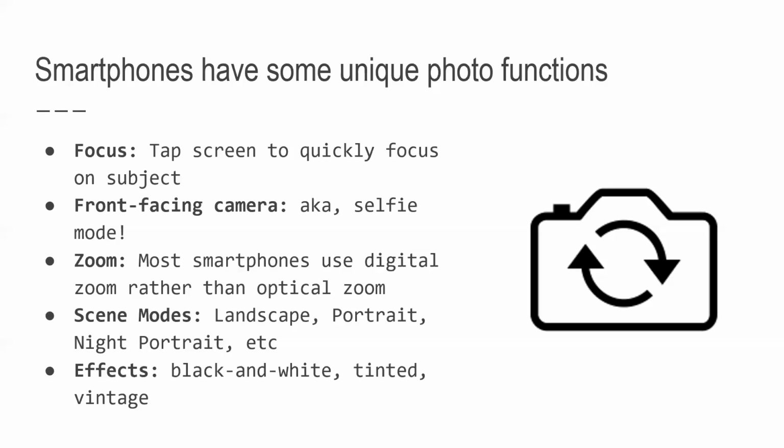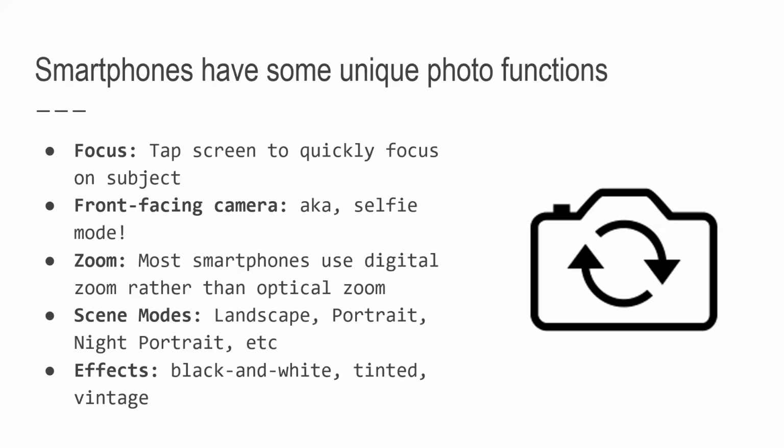Landscape is a really popular mode that focuses on the foreground and the background, so great for taking pictures of, you guessed it, landscape. So if I have mountains behind me and I'm standing in front of them, it's going to focus on me and also keep the mountains in the background in focus.